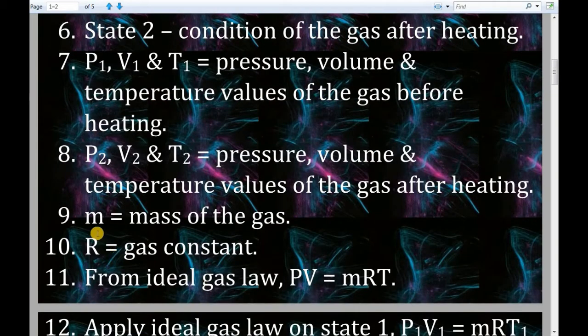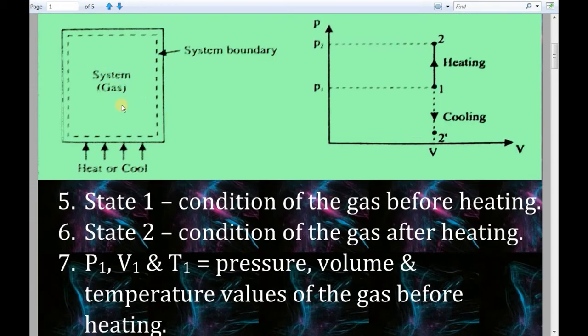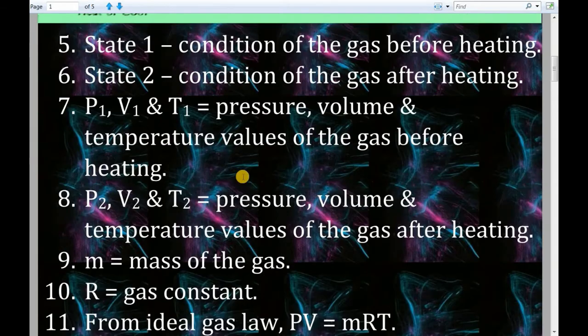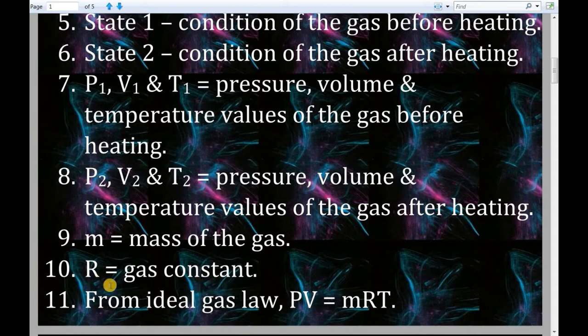M is the mass of the gas. In this process, the mass of the gas doesn't change before and after heating, because the volume of the gas is the same before heating and after heating. And R is the gas constant value. The value of R doesn't change before and after heating.